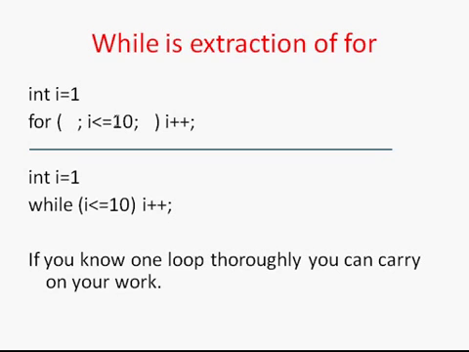Only the terminal condition is there, I less than or equal to 10. We have not given an incremental condition in the header because it is in the body, so it becomes like while I less than or equal to 10, and similarly integer I is equal to 1, while I less than or equal to 10, I plus plus. If you know one loop thoroughly, you can carry on your work.